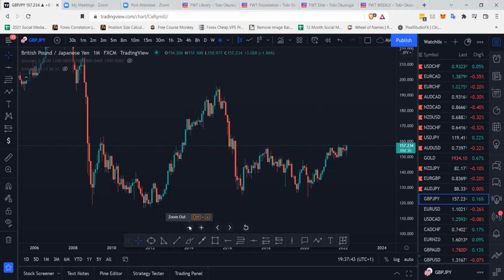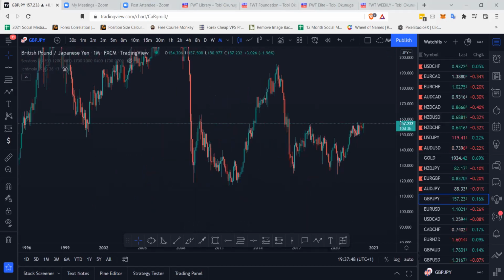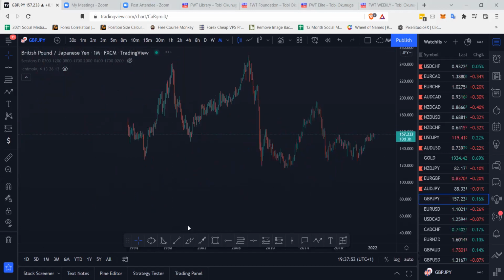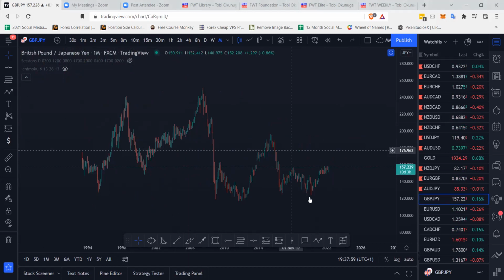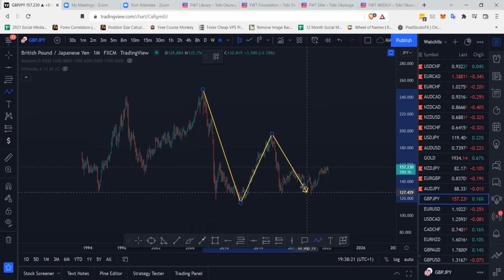Well, let's see if it's a downtrend or uptrend. Let us draw the impulse and see if it's a downtrend. So looking at it from the monthly, okay, this is the highest point. So we start here. This is our impulse move. This is our correction.